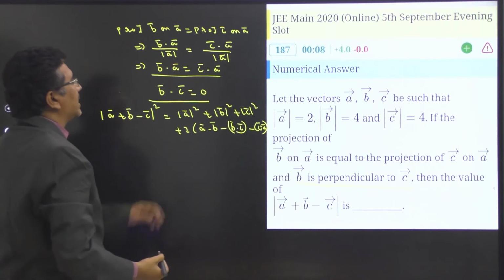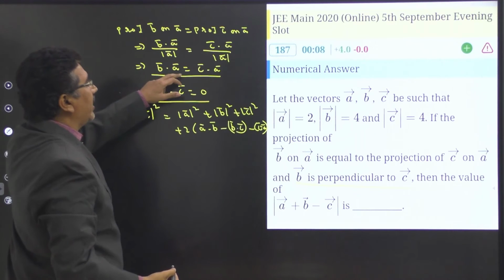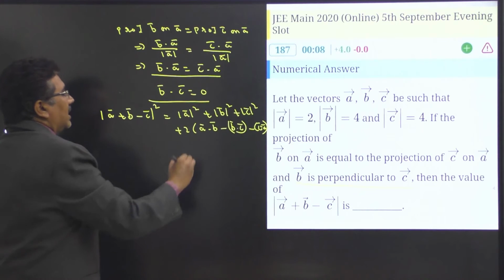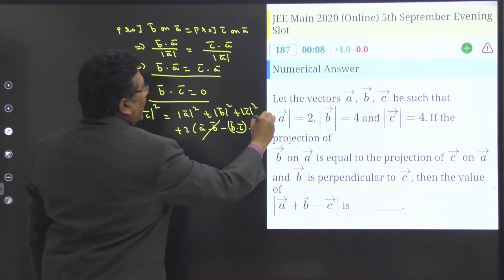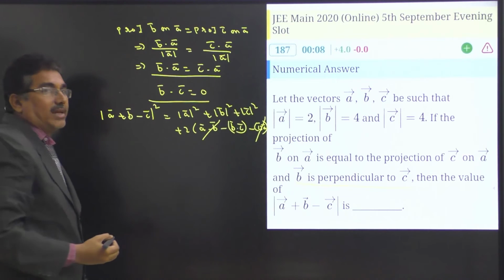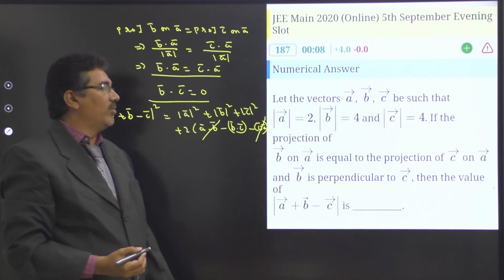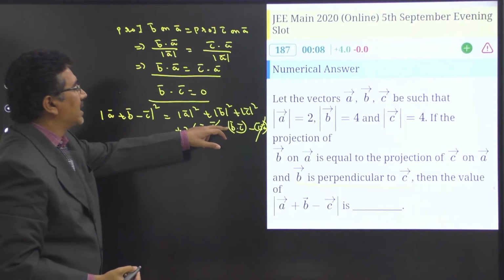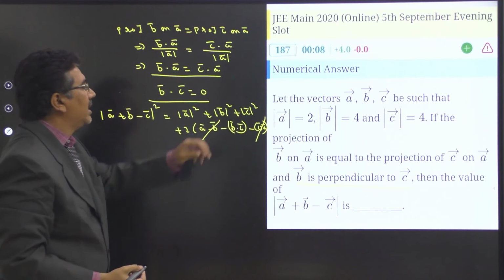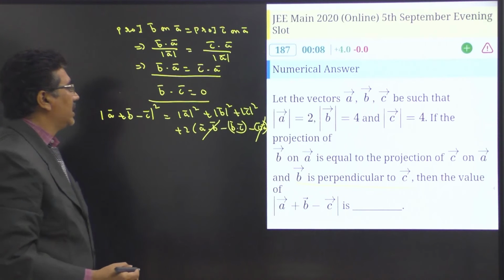From condition 1, a bar dot b bar is equal to c bar dot a bar. From condition 2, b bar dot c bar is equal to 0.